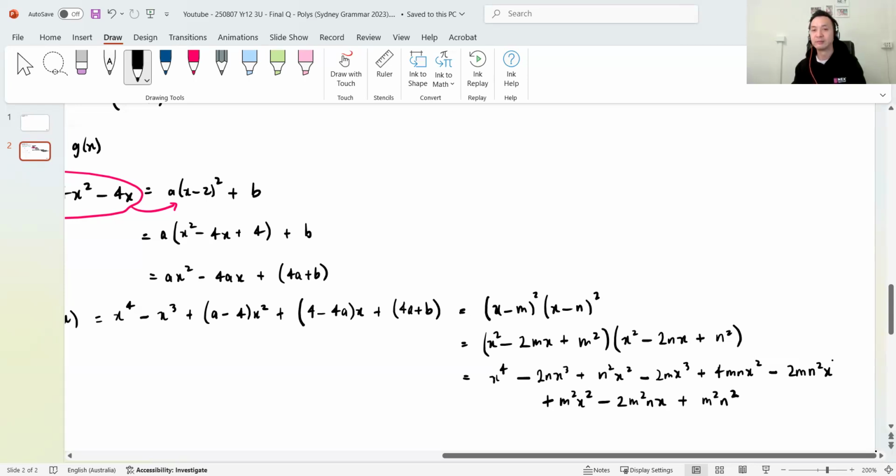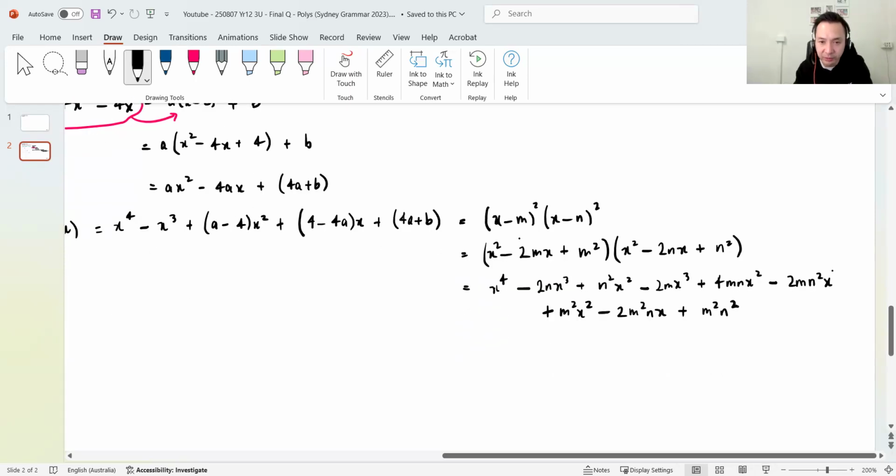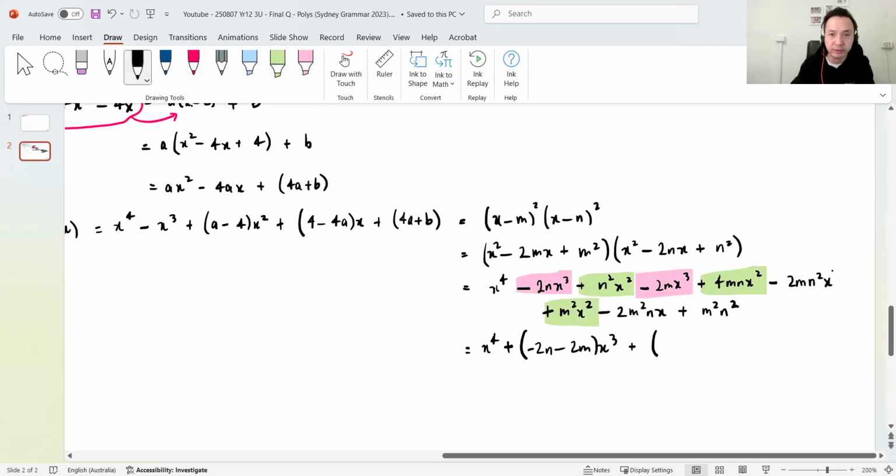All right, let's see. So collect your like terms. Now, which ones are cubes? That guy's a cube, that guy's a cube, I think that's it. So let's go (minus 2n minus 2m) x cubed. Then the squares: that's a squared, that's a squared, that's a squared, there's 3 of those.